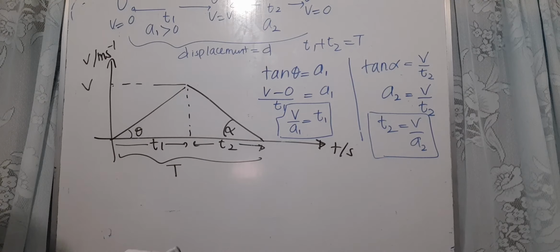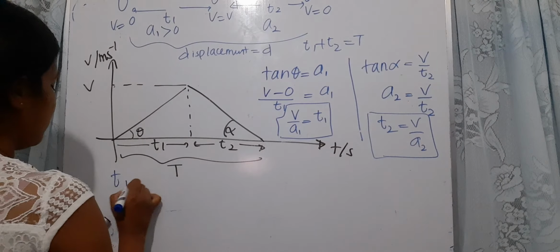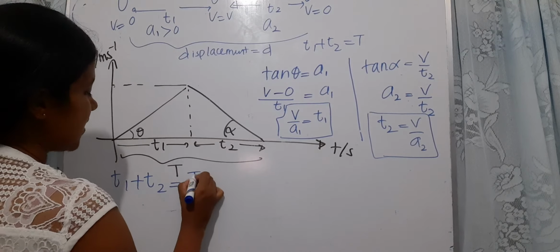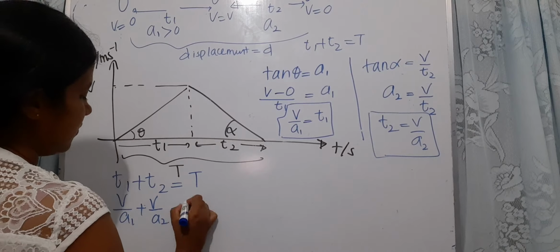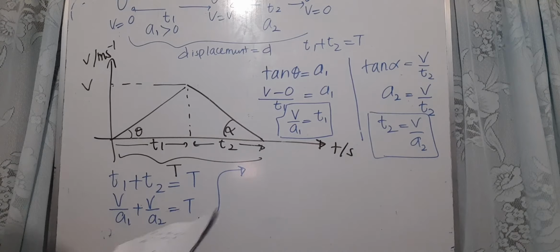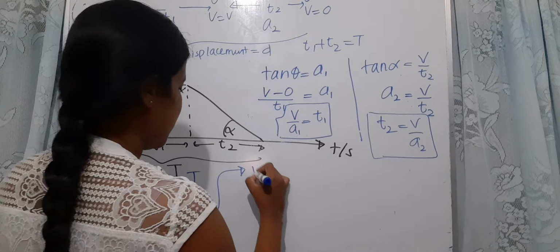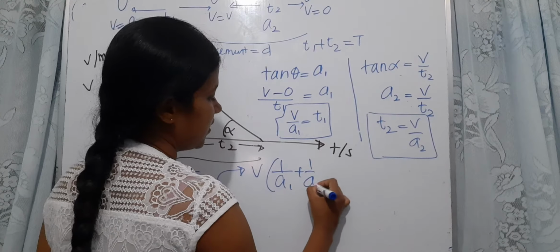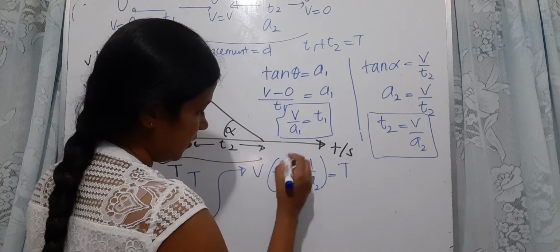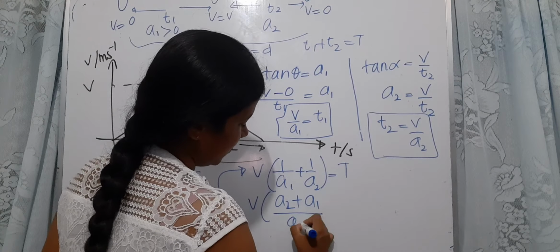Then for this T, we can write an expression, T1 plus T2 equals capital T. Therefore, V over A1 plus V over A2 equals T. Then we can write V times of 1 over A1 plus 1 over A2 equals T. Then we can write V times A1 plus A2 over A1 A2.